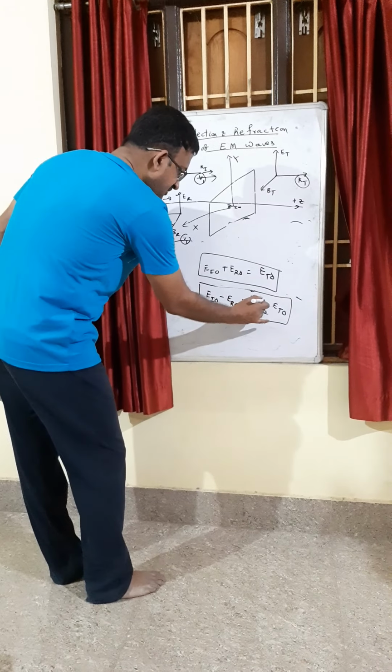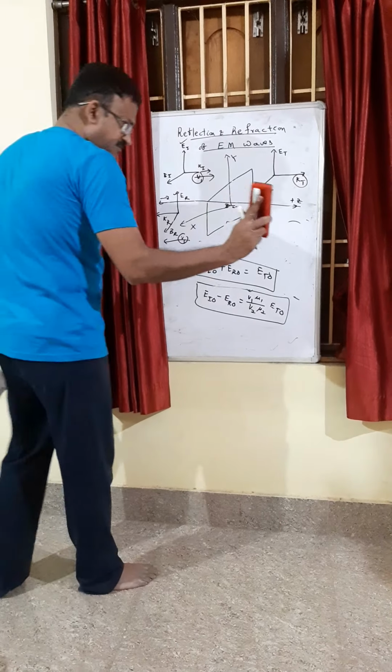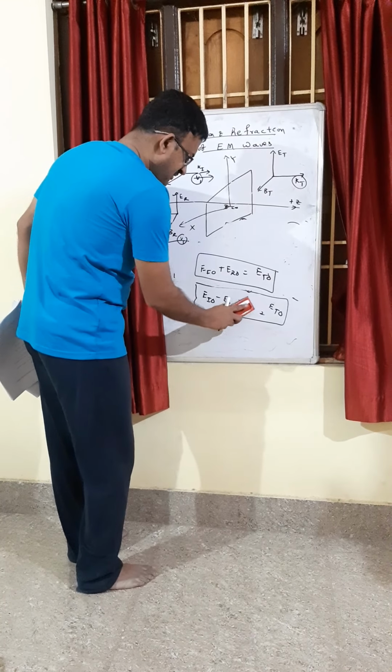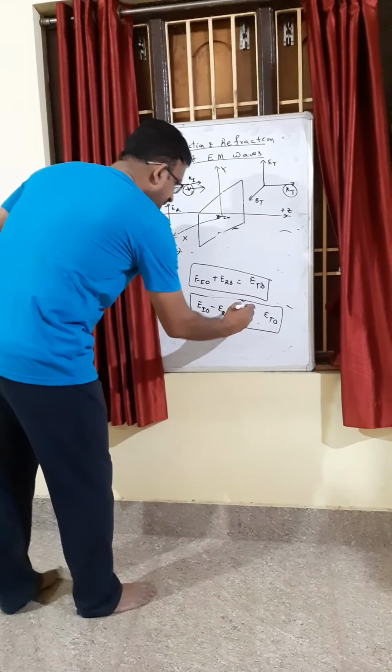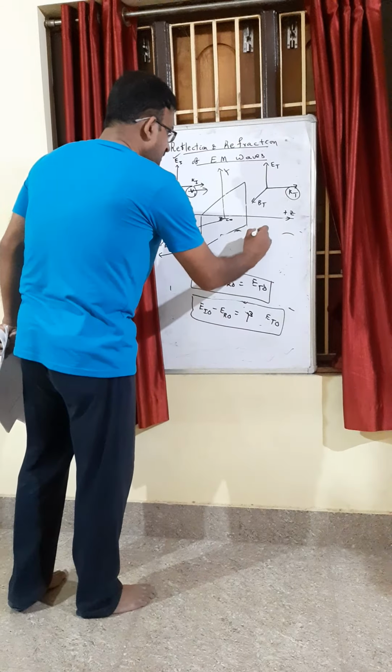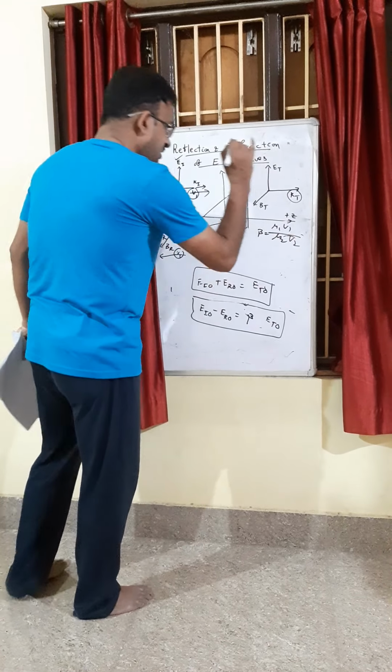Now let me symbolize this as beta, for simplicity of mathematical calculations, where beta will be equal to V1 mu1 by V2 mu2.